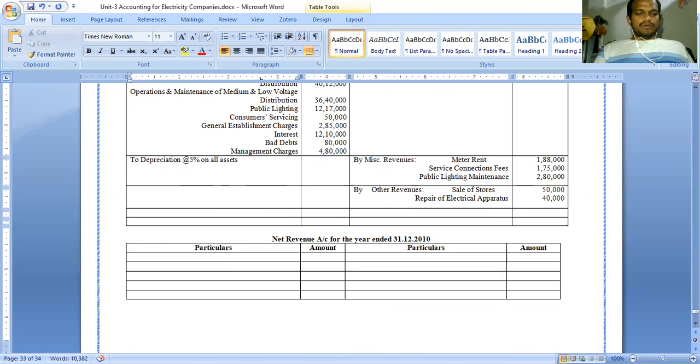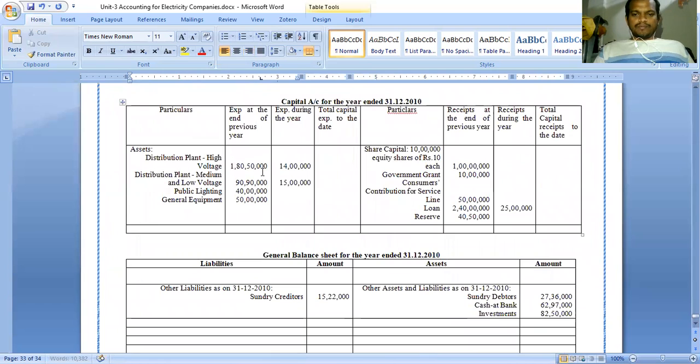So total assets cost. Total assets, how much it is? So we have to calculate the total assets.